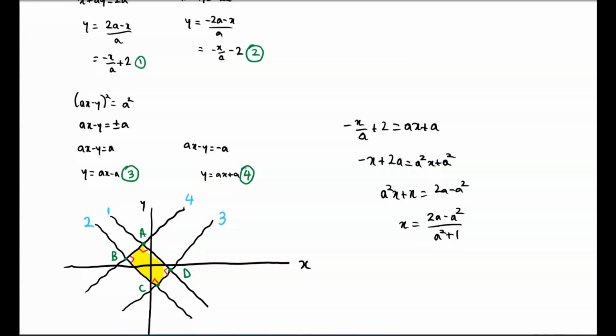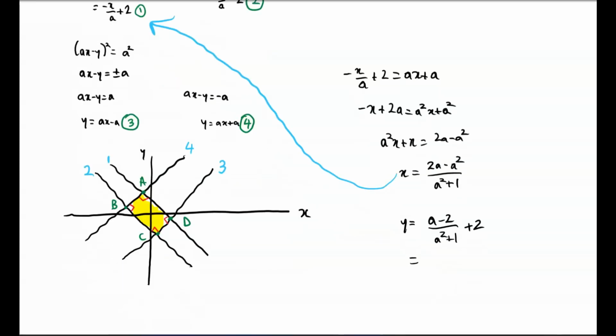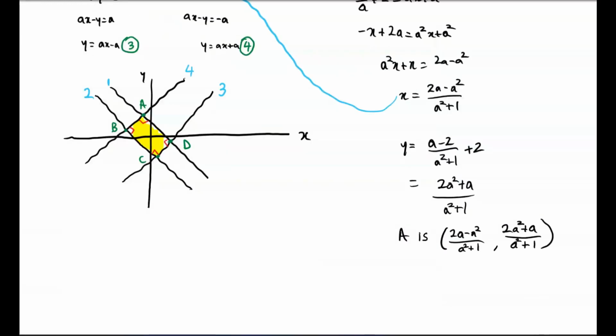Now substituting back into equation 1, we get that y is equal to a minus 2 over a squared plus 1 plus 2, or 2a squared plus a over a squared plus 1. The point A is 2a minus a squared over a squared plus 1, 2a squared plus a over a squared plus 1. So now let's find point B.